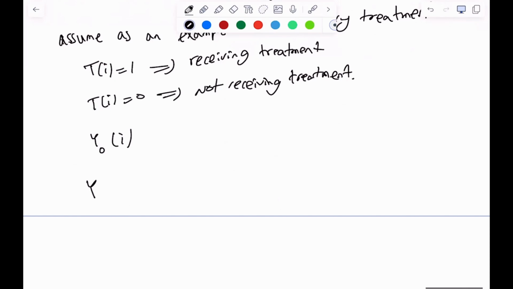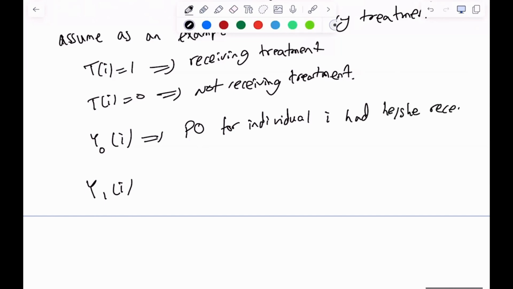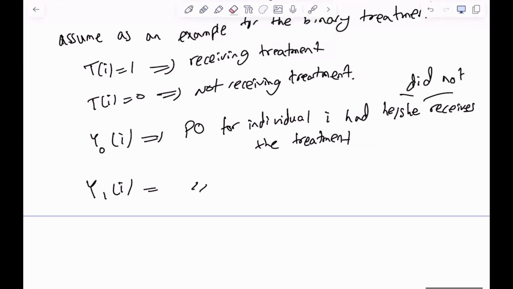Y subscript 0 and y subscript 1 are the potential outcomes for individual i had he or she received the treatment, or had he or she not received the treatment.